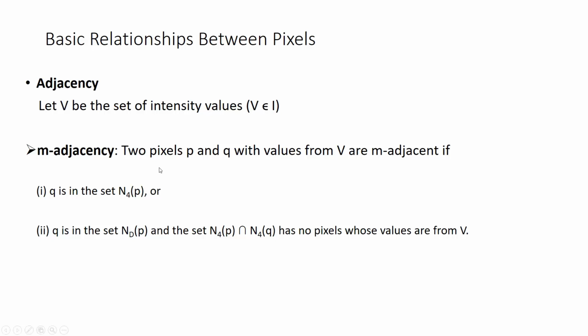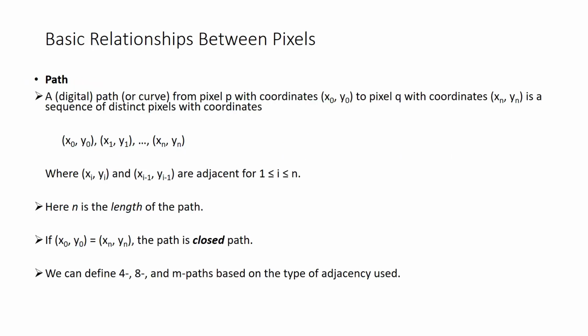In M adjacency, two pixels P and Q with values from V are M adjacent if Q is in the set N4(P), or Q is in the set ND(P) and the set N4(P) intersection N4(Q) has no pixels whose values are from V.